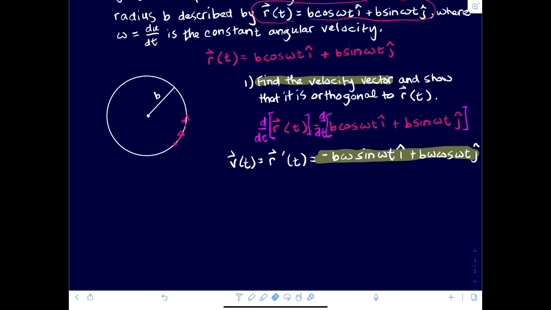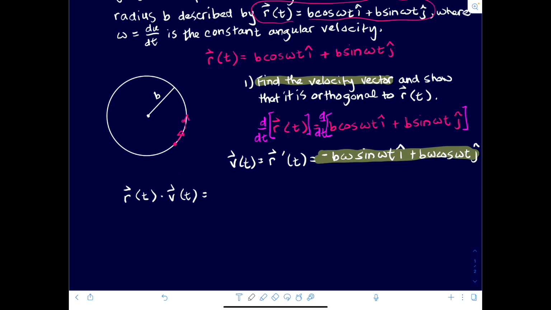Well, how do we figure that out? We would find the dot product between them. So r at t dot v at t will equal, well, what will we get for our dot product? How do we find that? Good. We multiply the corresponding components, right? Sometimes it's easier to see in component form. Let me drag this over here so I have more space.